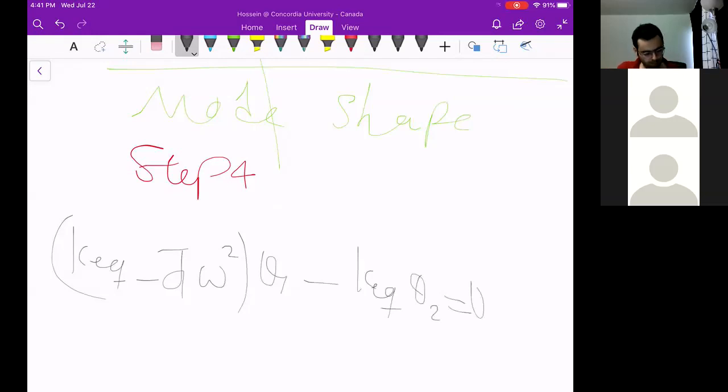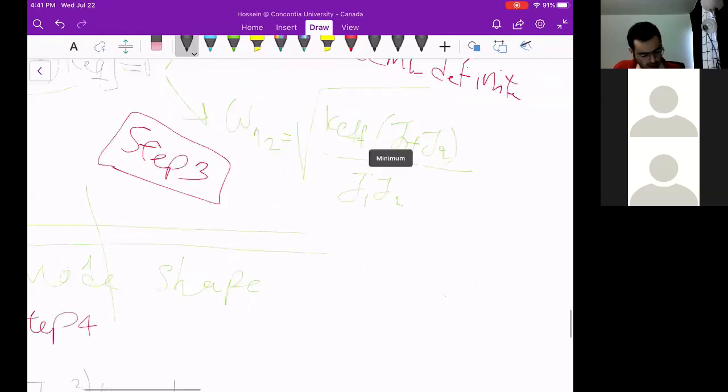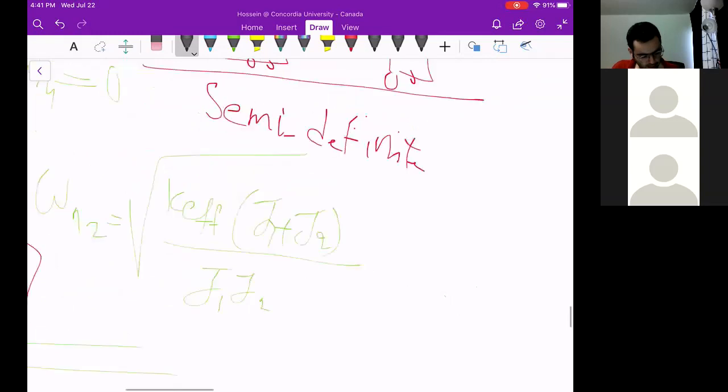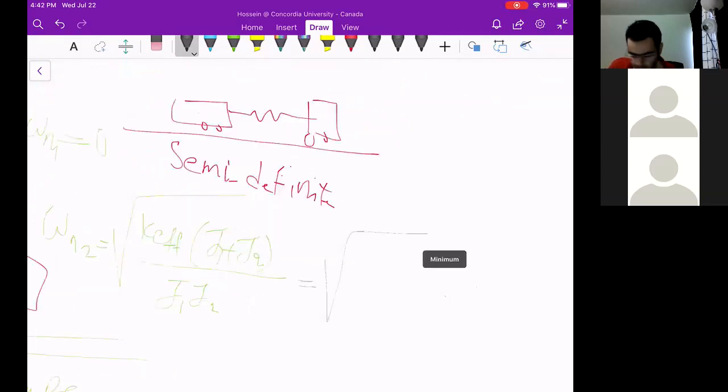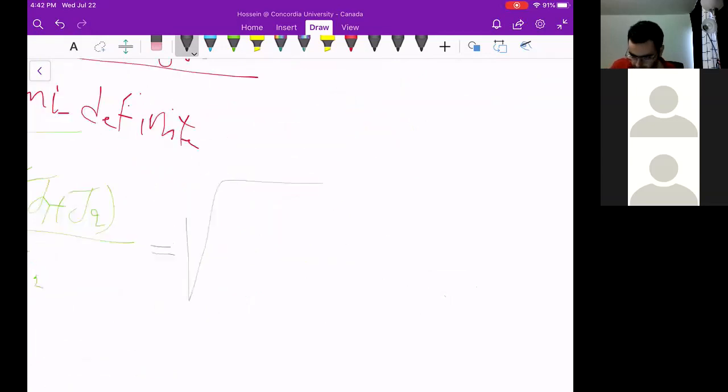Before going further to solve the natural mode shape, let me calculate the second natural frequency. We already obtained the effective stiffness as 0.0365 times 10 to the power 6.